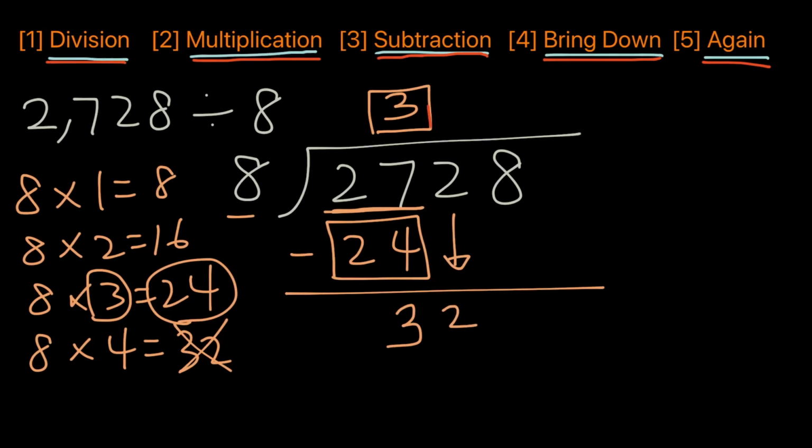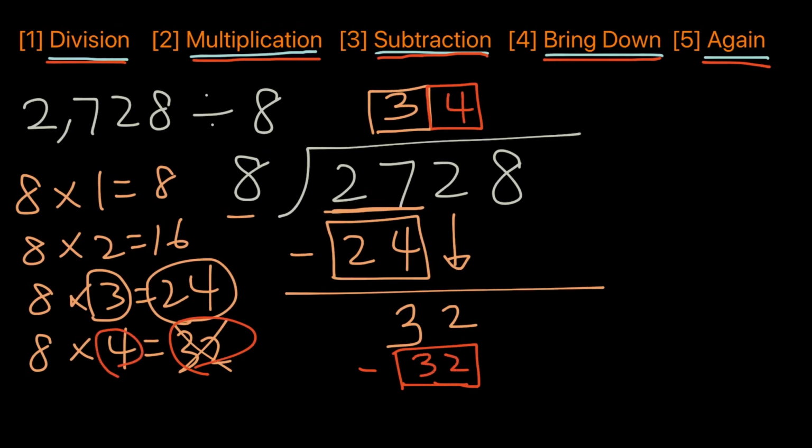Now for the second step, from the same times table, we can see the 32 is here. So we'll place 4, we'll place 32 here, that gives us 0, and we'll bring down the 8. Now, one number times by 8 will become 8.